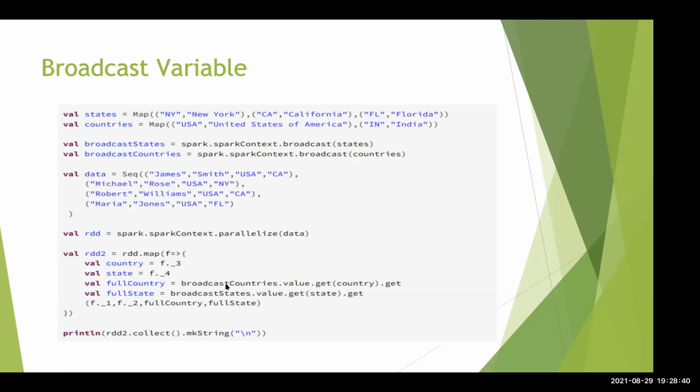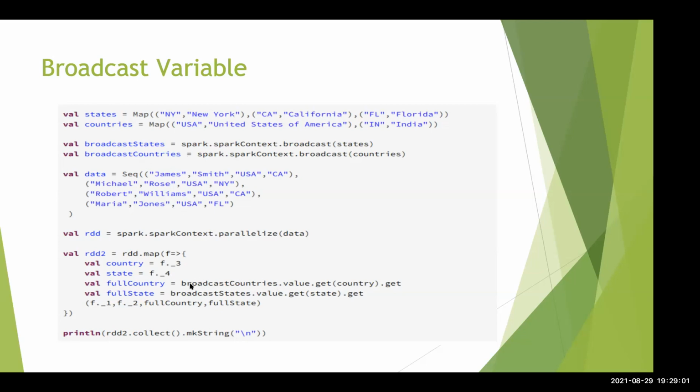Then I look up from the broadcast. For the first record I got USA, and the states are also passed as a broadcast variable, and the countries are also a broadcast variable.